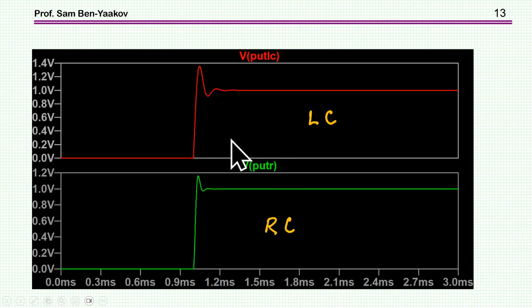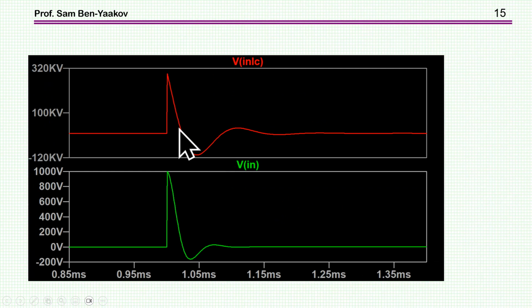And if you'd like to get a fast response at the output, a fast rise time, then you need a very high voltage. And this is what the system is actually doing. Here it is. Now, obviously, this is not realistic for a practical system. In a real system, the voltage here, like in a buck converter, is limited to the supply voltage. So it cannot go higher than that.